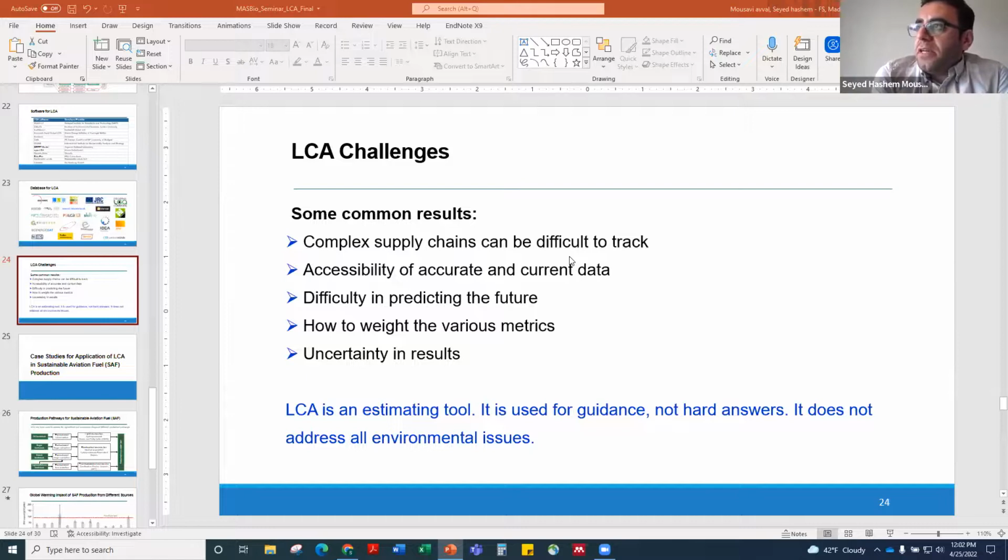Hydrogen is actually one of the main contributors to environmental impacts of SAF production through hydrogenation. We are using a lot of hydrogen, and hydrogen is an energy-intensive input. So it's impacting the overall global warming potential of that fuel a lot.